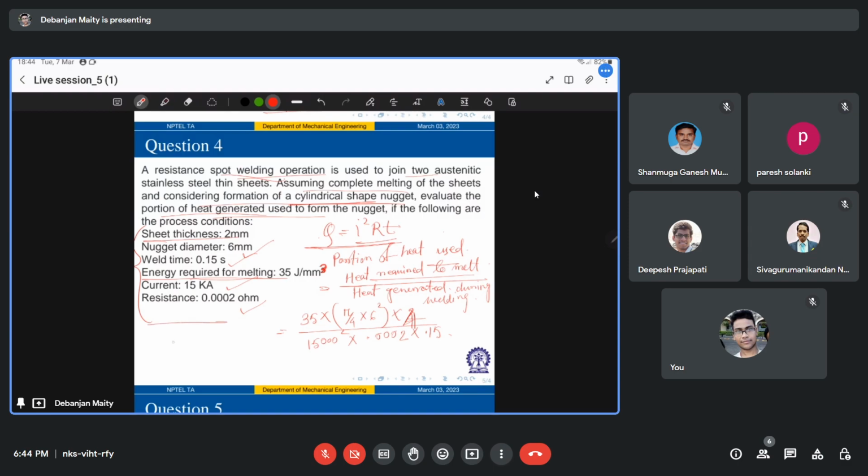So if this is two sheets, if this is nugget, yes, you are correct. You should consider the total thickness. Good. That was a mistake. Is it right now? Yes, sir. Okay.